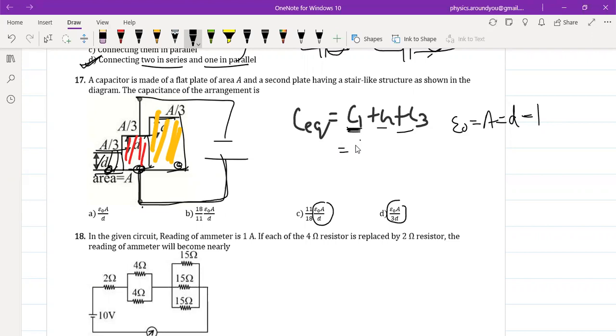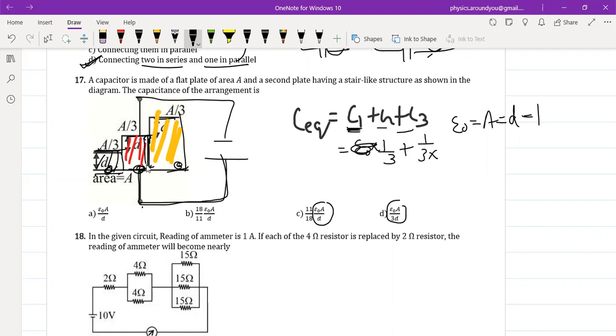For C1 it would be epsilon naught, the area is A by 3. So 1 by 3, but epsilon naught is anyway 1, and d is just d. It's just 1 by 3. And for C2, area is again A by 3, but remember the distance is not d, it is 2d.